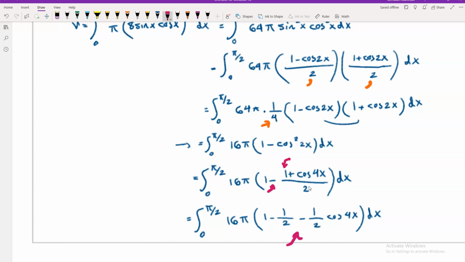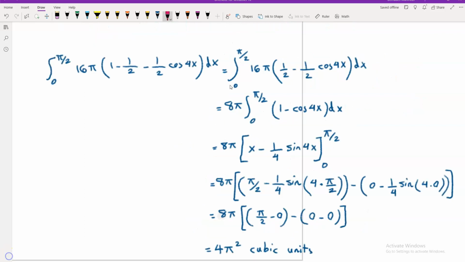This is what we have after simplifying, and it is equal to the integral of 16 pi times (1 minus 1 over 2 minus 1 over 2 cosine 4x) dx. Here 16 divided by 2 is 8 pi, so we have 8 pi times the integral of (1 minus cosine 4x) dx.